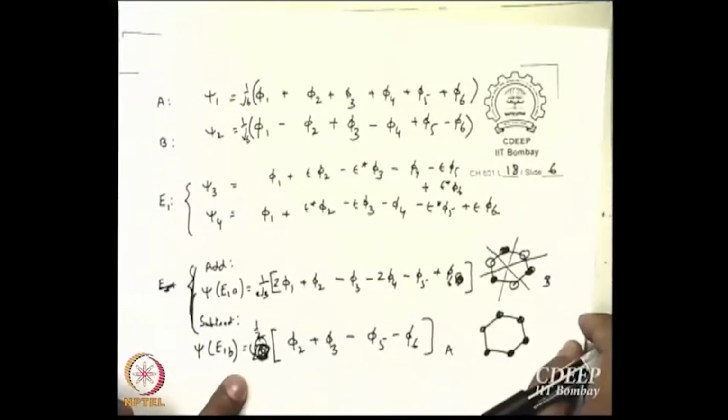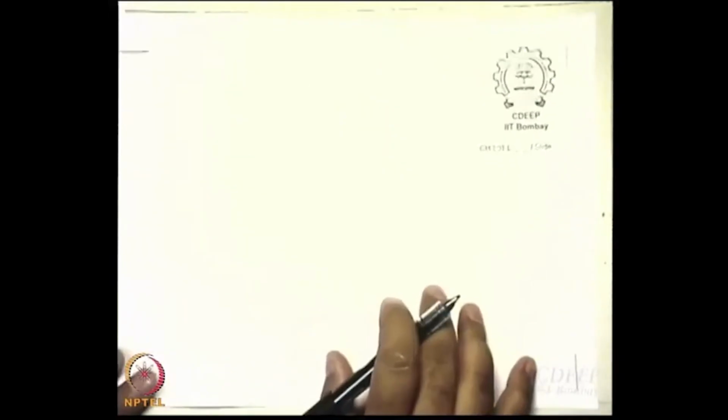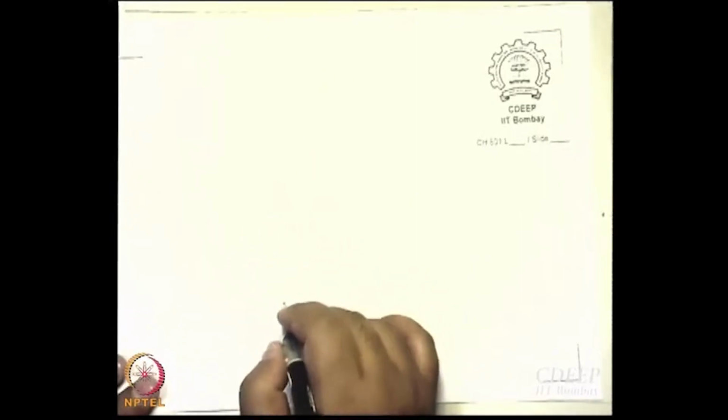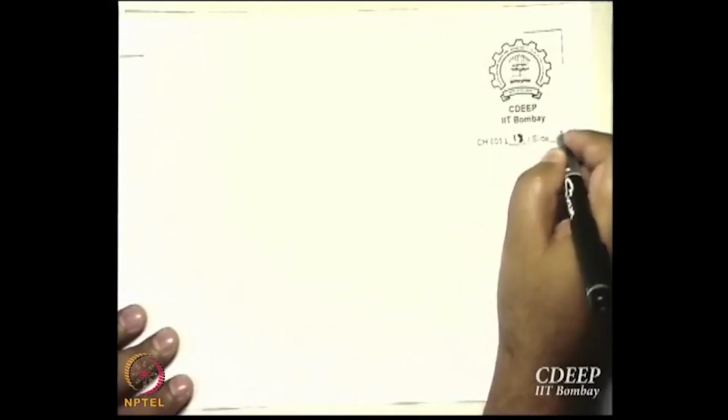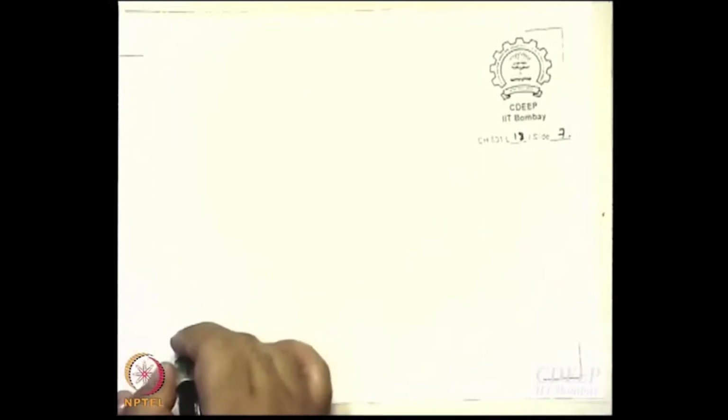So now let me, you have this written down in your notebook anyway, right? So let me just draw the diagram once again. Maybe I can write the others here.